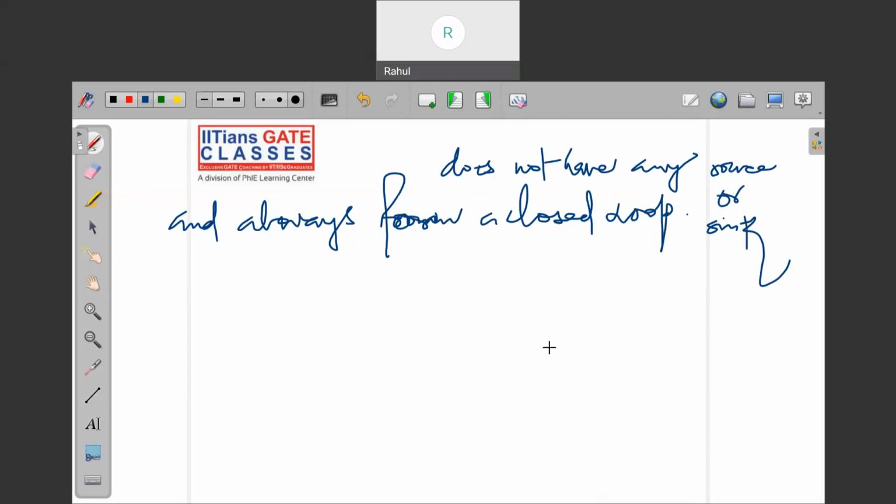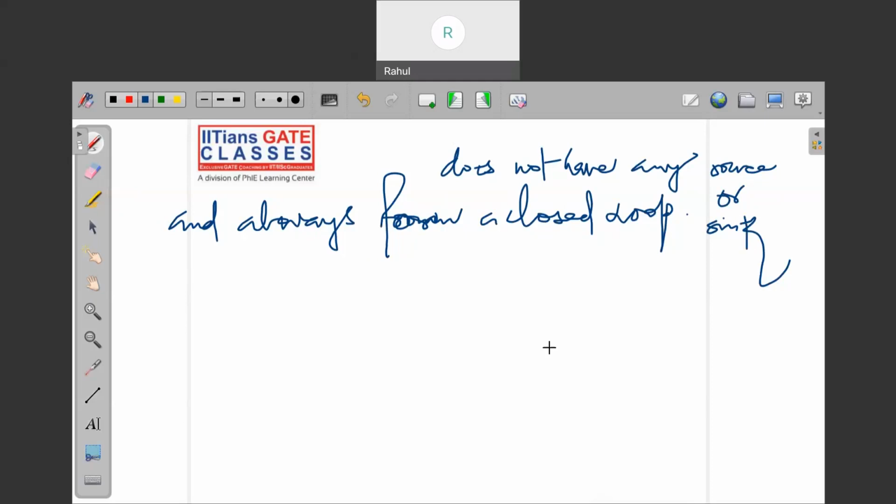So the best example we can take now, okay? You might have seen in the magnet there will be the magnetic flux, right? The magnetic field, okay? From N to S, it is always forming a closed loop. It does not have any source or sink, right?